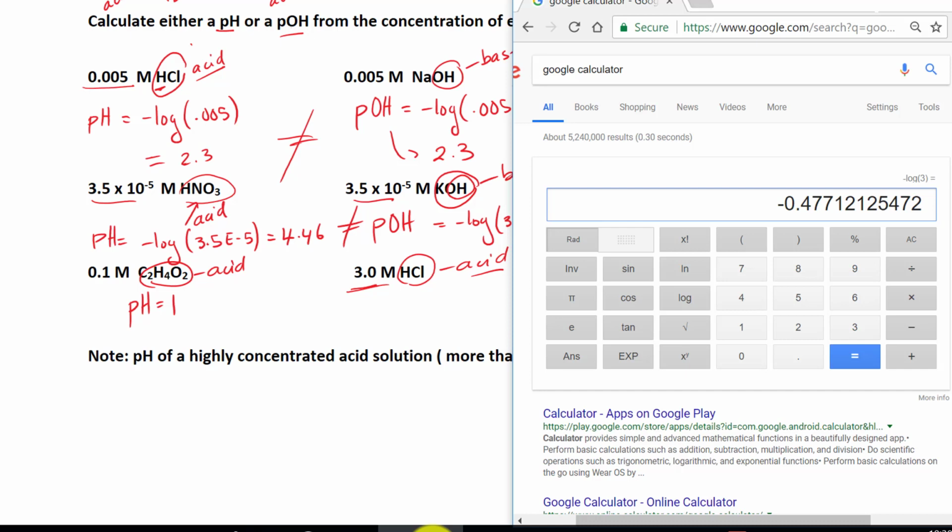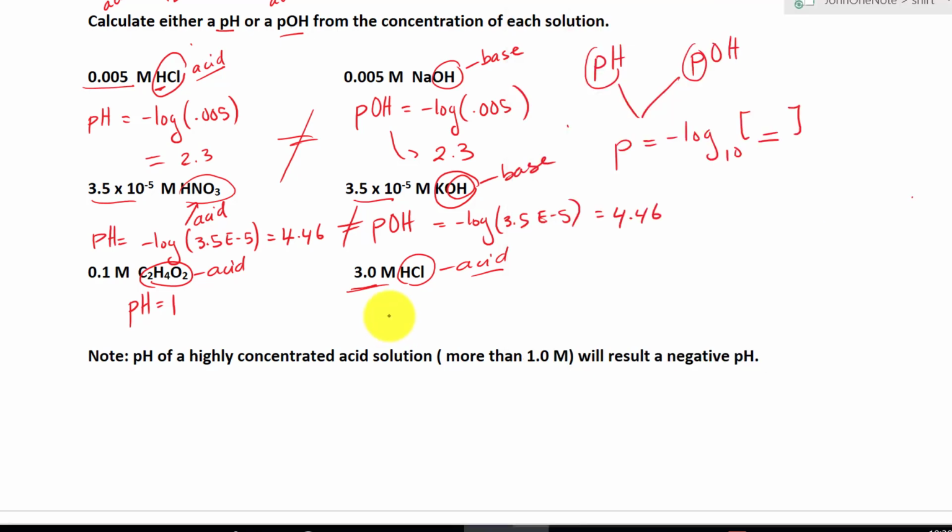So when we have a negative pH, that tells you that we have more of the acid than the solution. In this case, that tells you it is extremely corrosive. So don't touch it because you're going to hurt yourself. When we have a highly concentrated solution, which is more than 1 molarity, it will result in a negative pH. And that's pretty much it about acid and base.